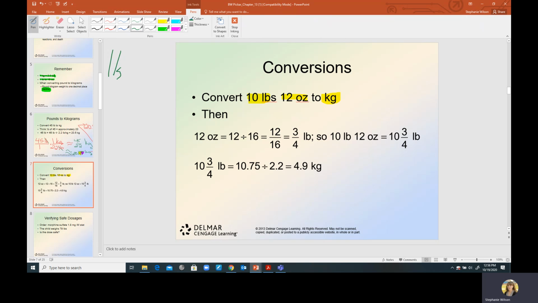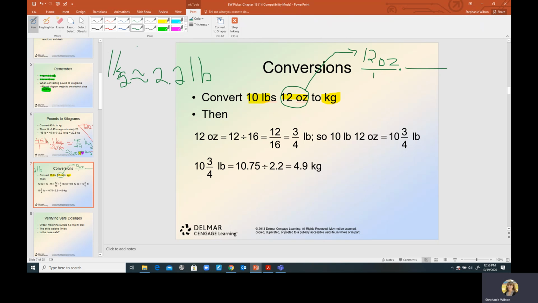So 1 kilogram, I'm going to say approximately. The book says equals, but truth of the matter, it's approximately. All right. So since we know that, what I need to do is take this 12 ounces and convert it to pounds. So I got the 12 ounces. I'm going to put it over 1, but if you want to use formula method, you can.